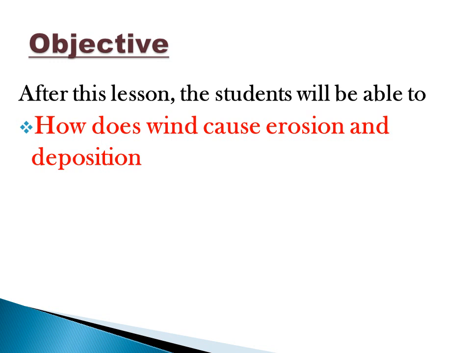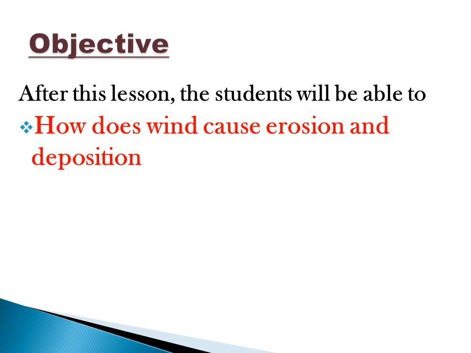From this lesson, we are going to learn how wind causes erosion and deposition. We know that wind can be a powerful force in shaping the land in areas where there are few plants to hold the soil in place.